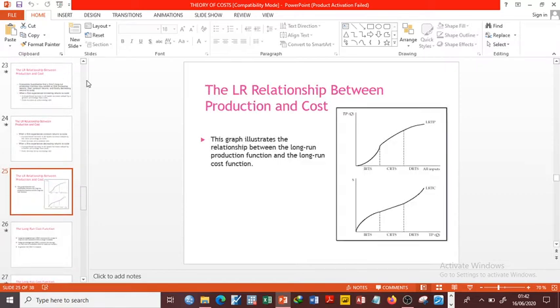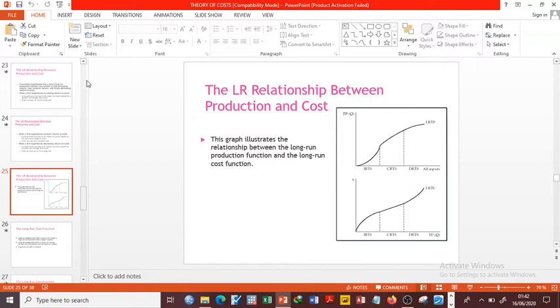Right? So the long run relationship between production and cost. So the long run total product, we've already seen that the total product curve is upward sloping. And here also the total cost curve, we are seeing that it is also upward sloping.